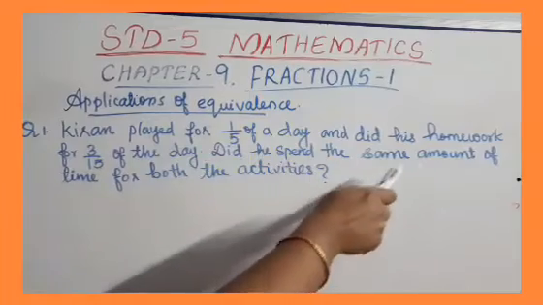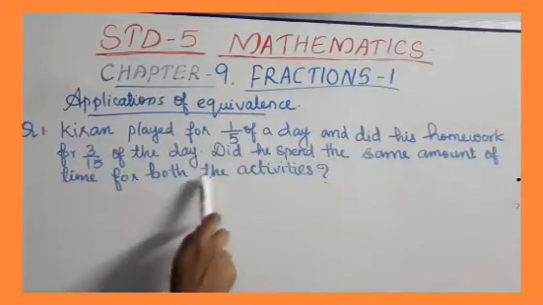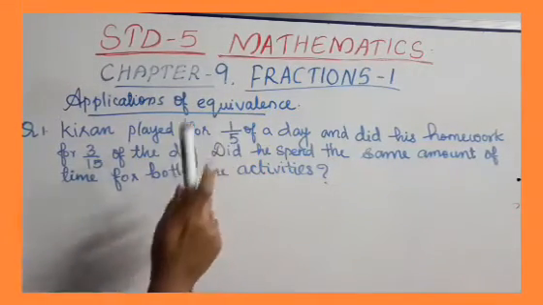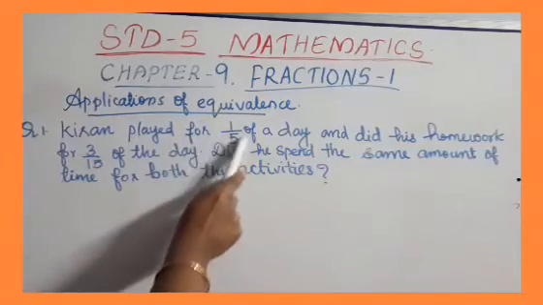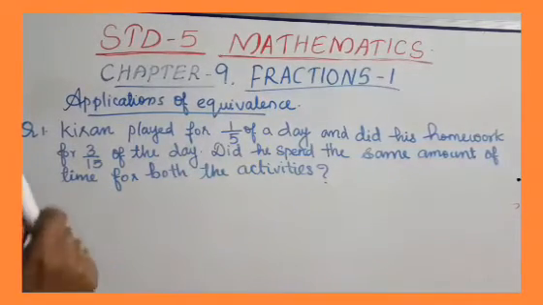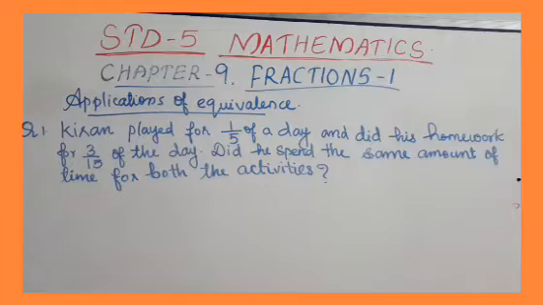Did he spend the same amount of time for both the activities? You have to find out whether these two fractions are the same or not. That means we have to find out the equivalence of these fractions. Okay, let's check whether these two fractions are equivalent or not.